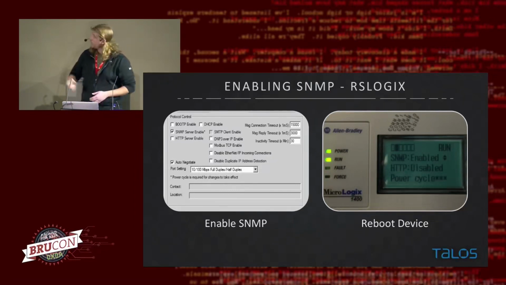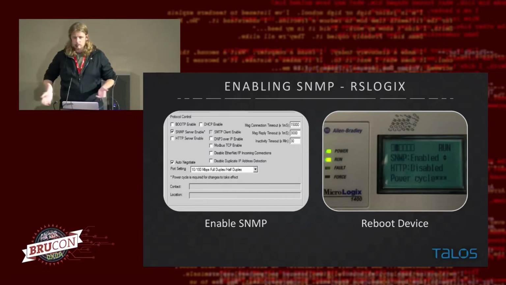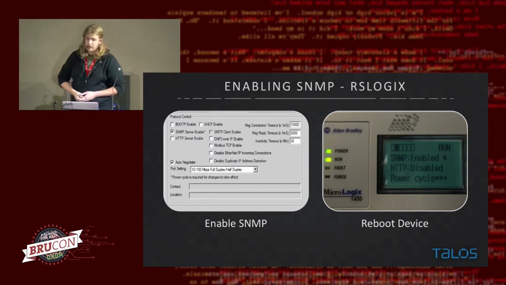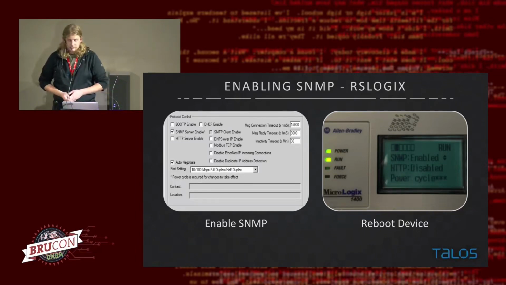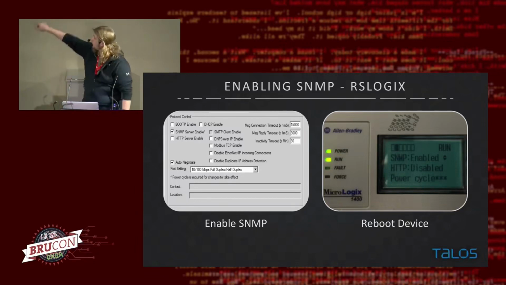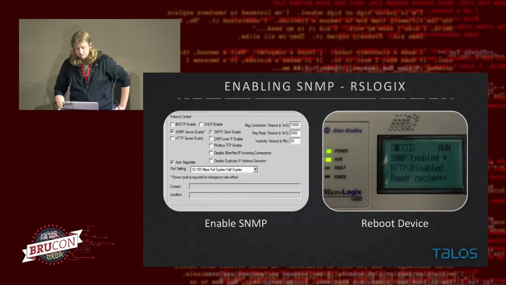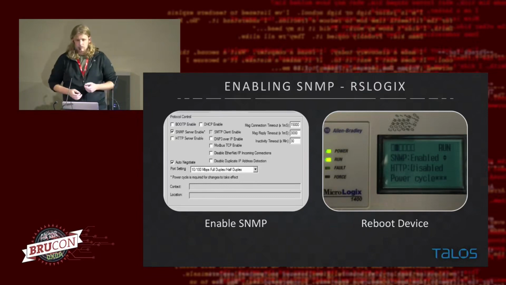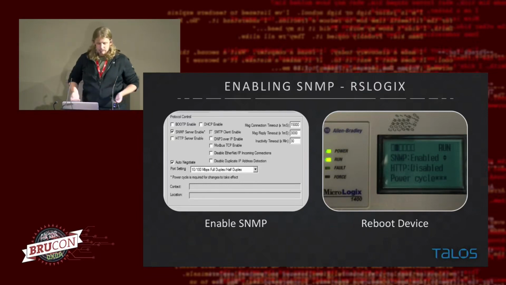Whenever that box is checked is when you're starting to get SNMP enabled. However, there's that little caveat, three quarters of the way down, that says power cycle is required before this can happen, which is also reflected over on the picture of the LCD screen at the very bottom, showing that power cycle is required. So we can enable it, but in order for it to actually occur and let us use SNMP, the device has to be power cycled.